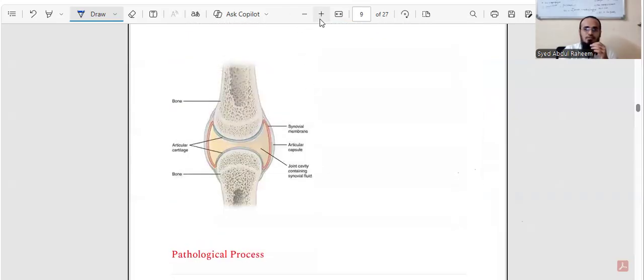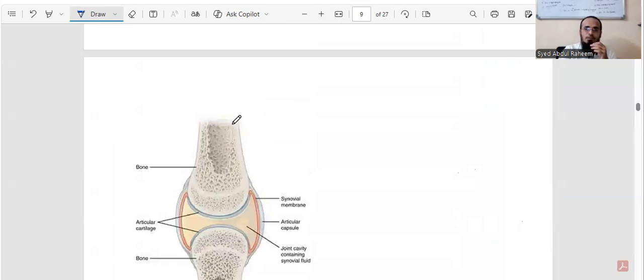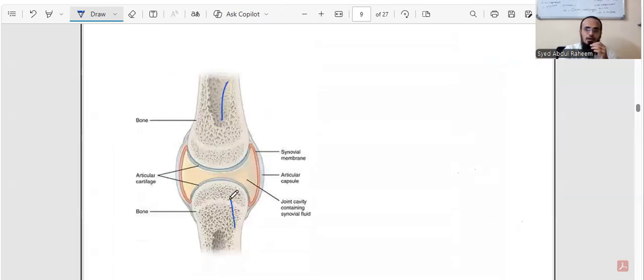Another image. Yeah, it is very important. This is the femur bone. This is the tibia bone. This is the articular capsule, synovial membrane. This is articular cartilage, and you have this synovial fluid. So what happens?